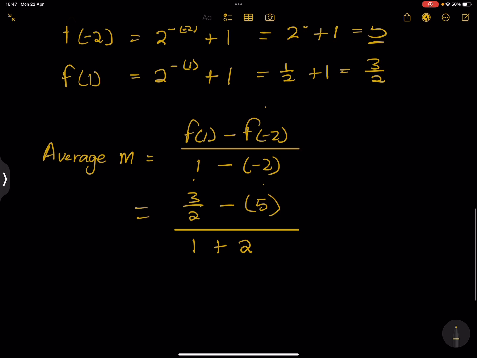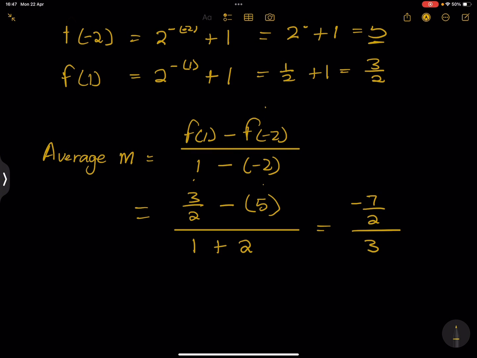And how do we get that answer? So we have 3 over 2 minus 5, which gives us negative 7 over 2, divided by 3.